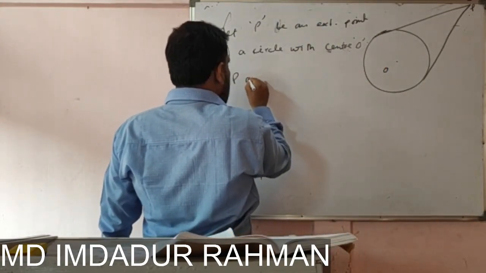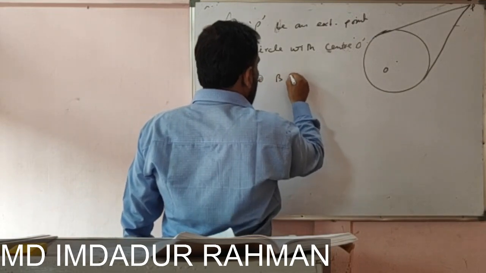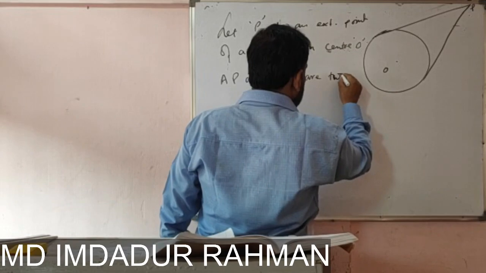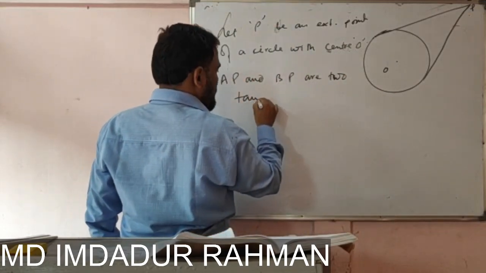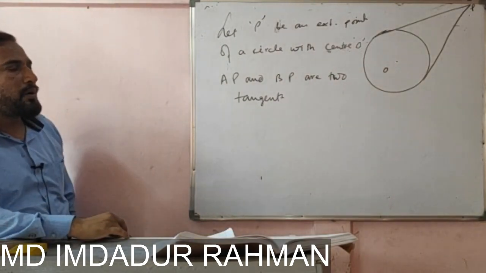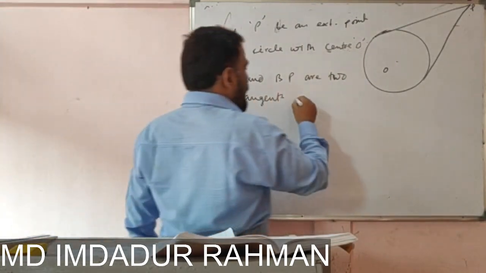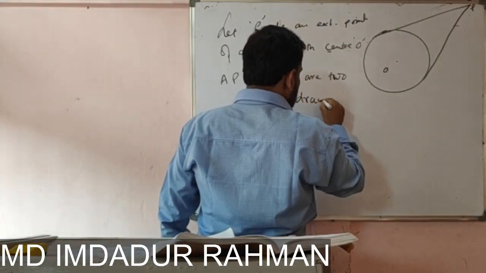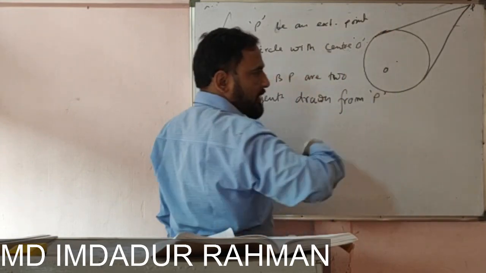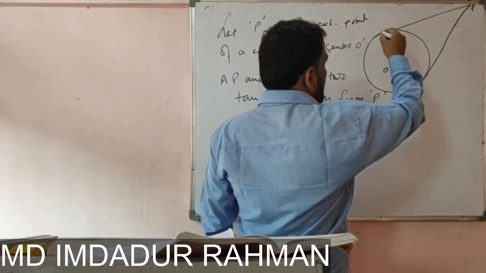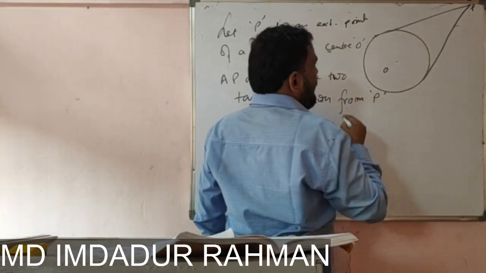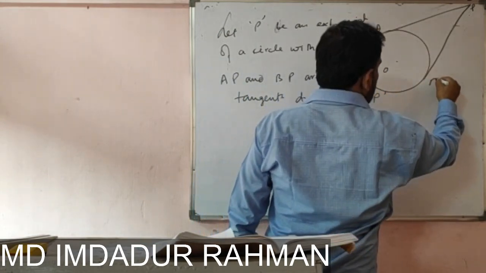AP and BP are two tangents drawn from that external point P. You see, here we have already drawn these two tangents.